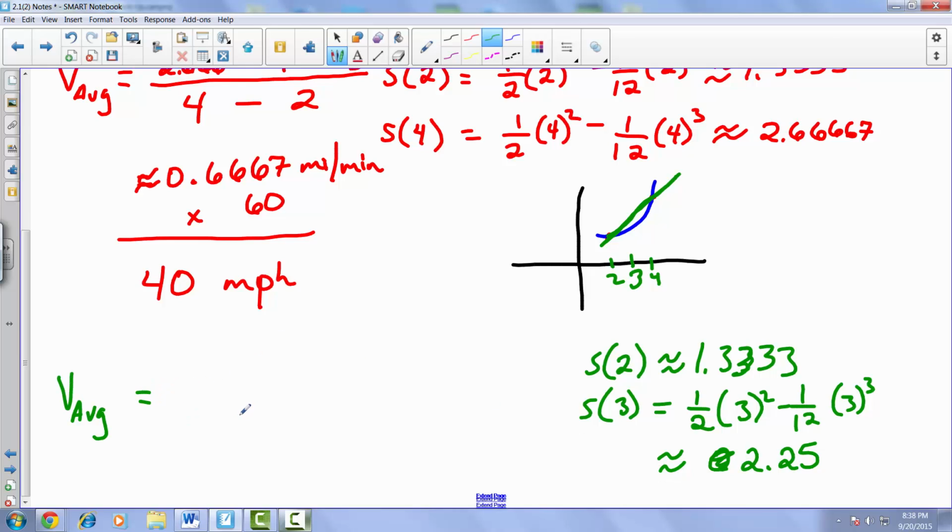Again, finding the slope between these 2 points. So we have 2.25 minus our target y, 1.3333, all over the x value, 3, from our other point right here, minus our target x value, 2.